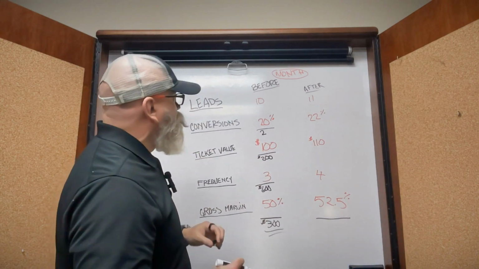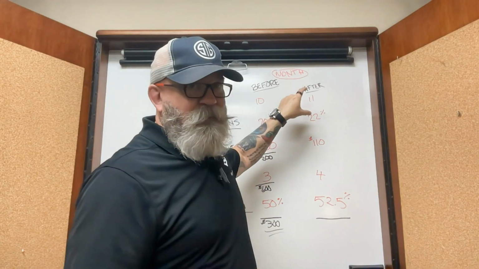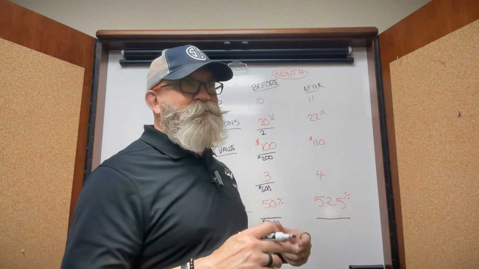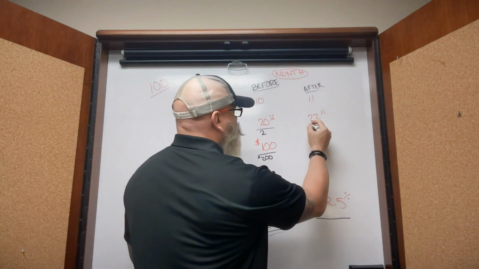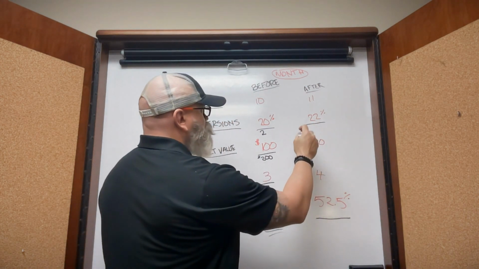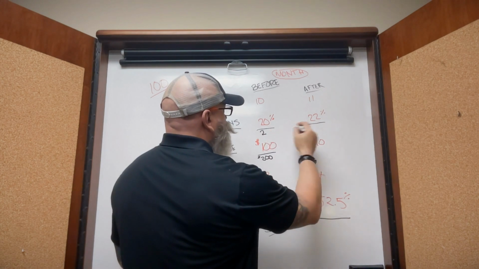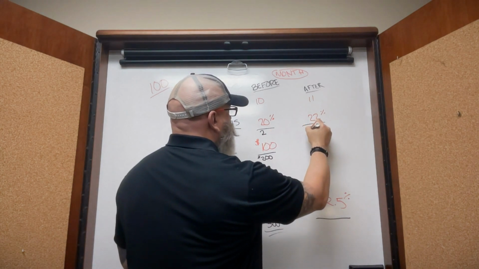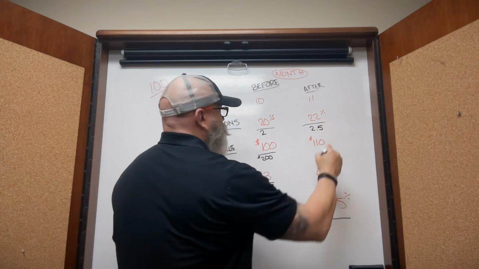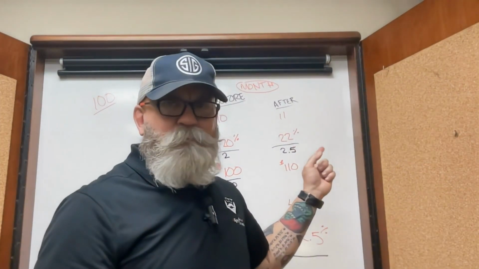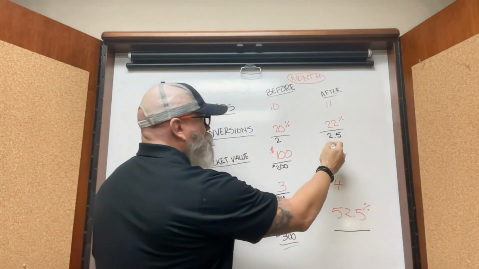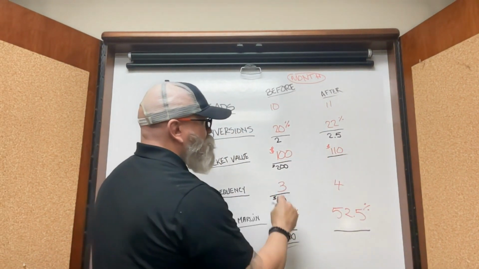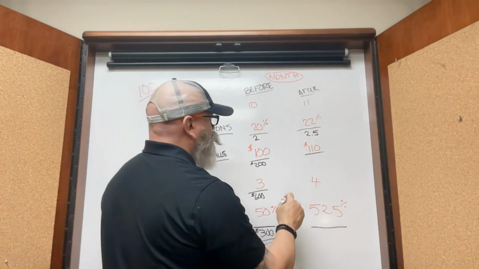So over here, this is what I get for using numbers like this. The math is messy, but we'll follow this and see what it leads to. So this conversion, instead of 2, we're going to get 2.5 people. Do you know anybody that's a half a person? Okay. So instead of $100, they're spending $110.